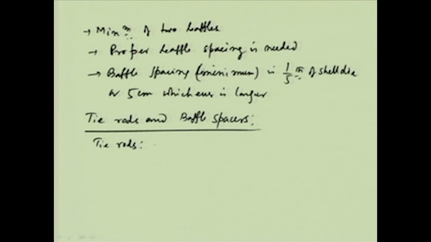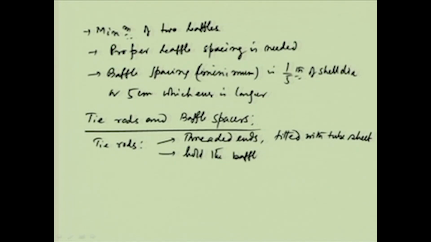Tie rods have threaded ends fitted with the tube sheet, and because it is screwed with the tube sheet, it holds the baffles in upright condition and intact.